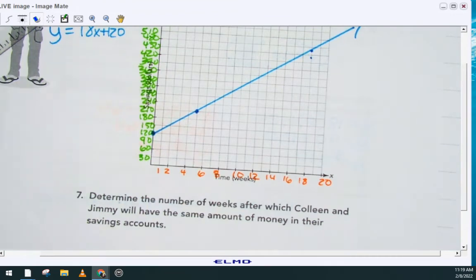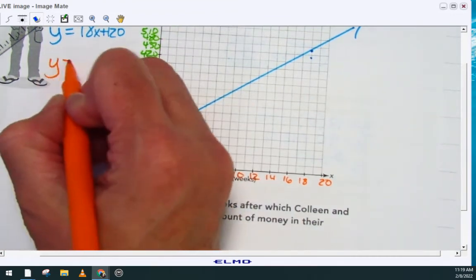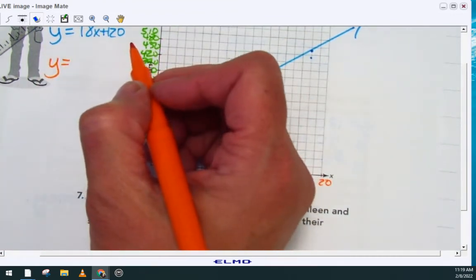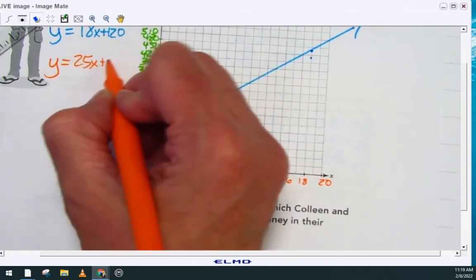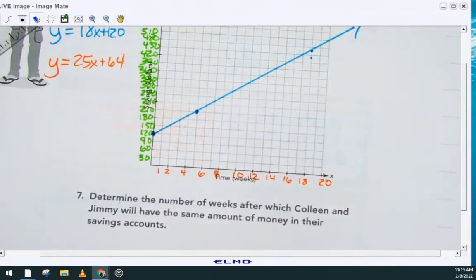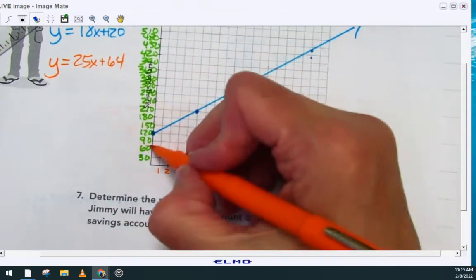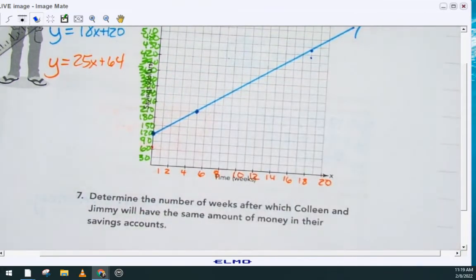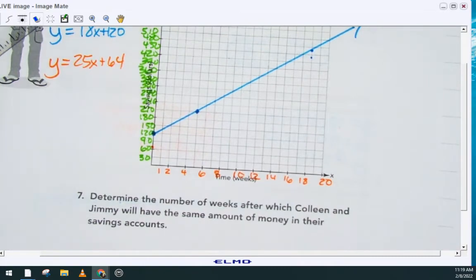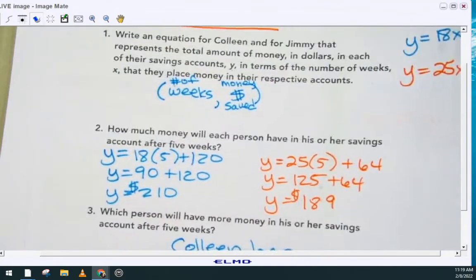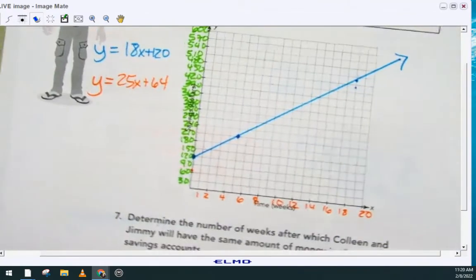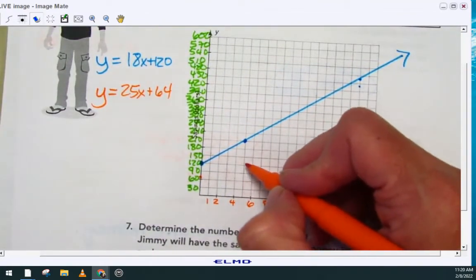And then Jimmy, what was he? I could just turn it over. 25x plus 64. So he started at 64. Well, that's about right there. And at 5 weeks, he was 189.